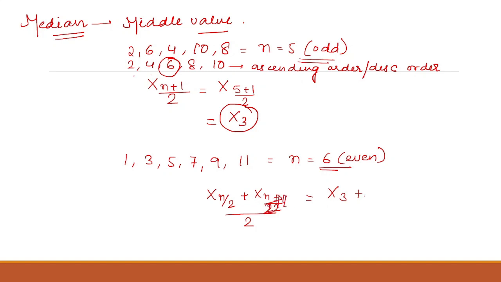So 6 by 2 is 3, 3 plus 1 means 4, x4, divided by 2. So I can get that this is the third term and this is the fourth term. So (5 plus 7) by 2 gets to 6 as the median.